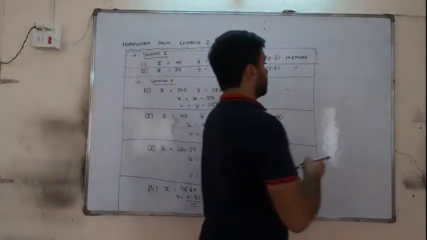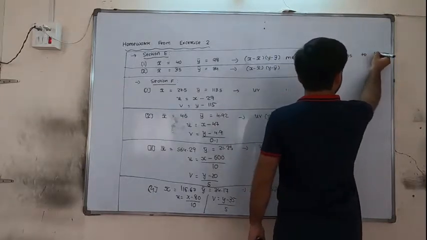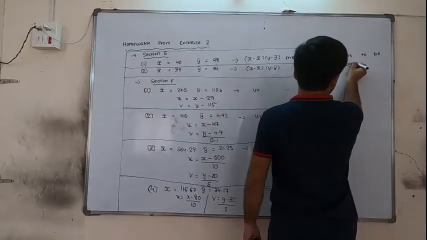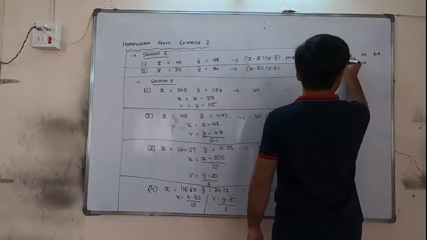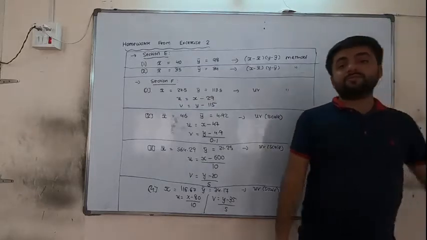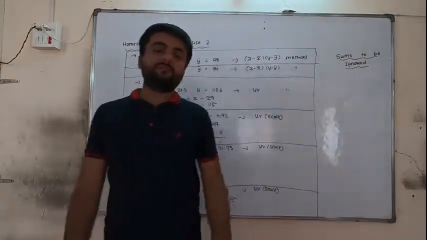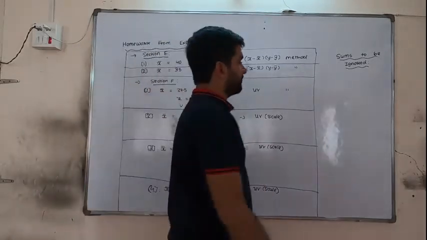Now, sums to be ignored. For exercise 2, like in exercise 2.3 we ignored sums 3 to 6, so here also we are ignoring some of the sums.